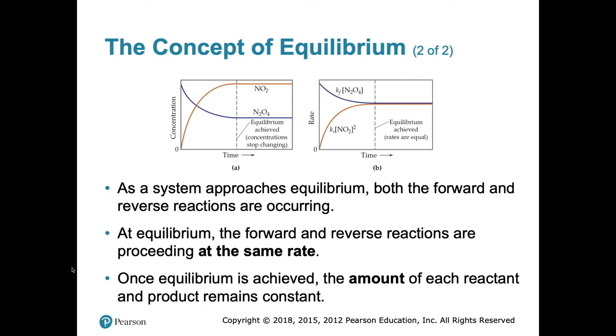There's also another one called Kr. What do you think that means? Close. It's the rate constant of the reverse reaction, right? So Kf is the rate constant of the forward reaction, and Kr is the rate constant for the reverse reaction.